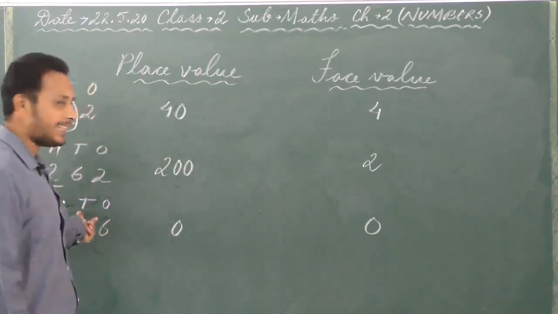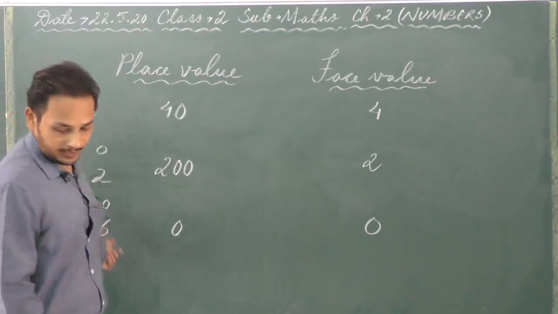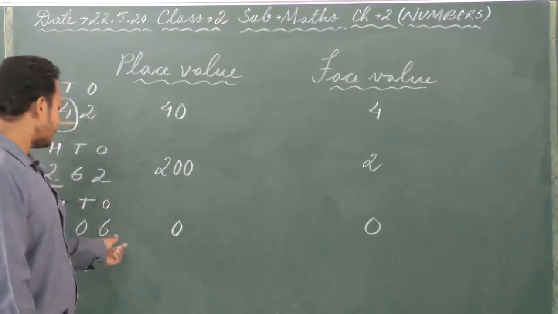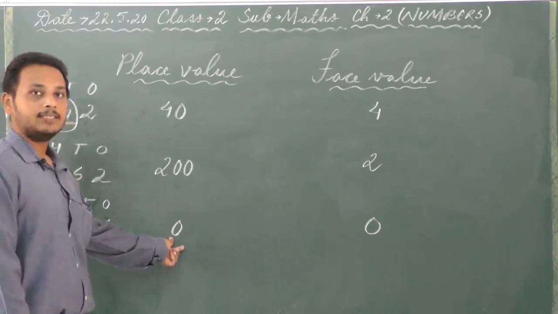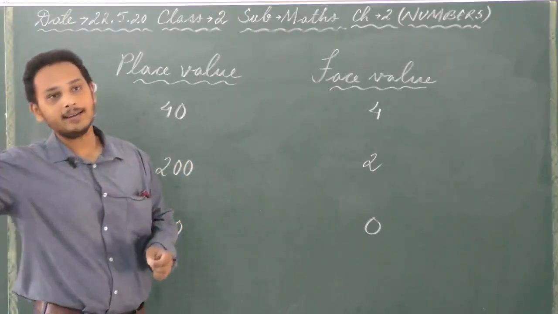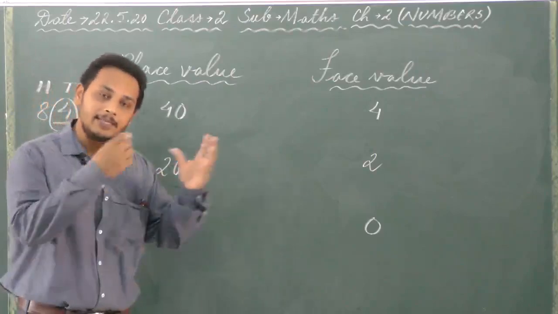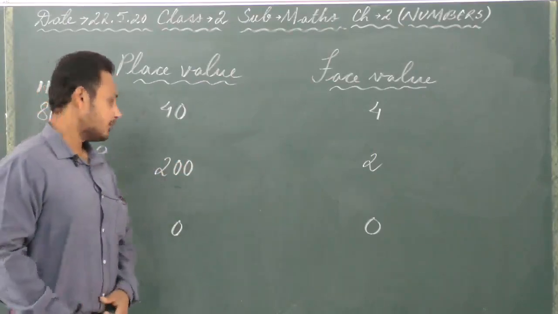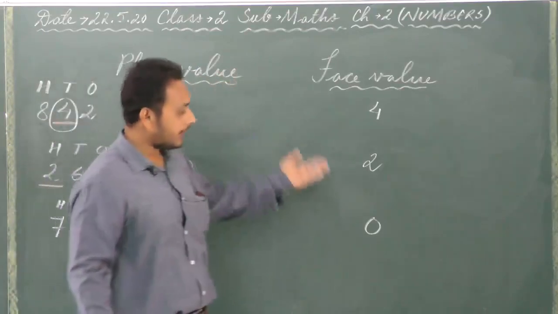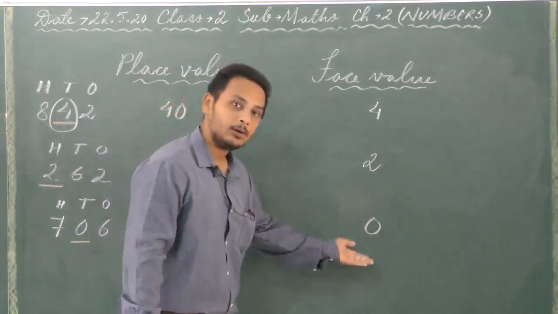Since 0 is in the tens place, I am not going to write 0 zeros over here, because if you write 10 or if you write 100, 0 will always be 0. So the place value of 0 is 0 and the face value of 0 will be 0 again.